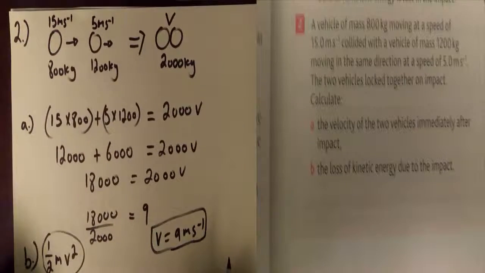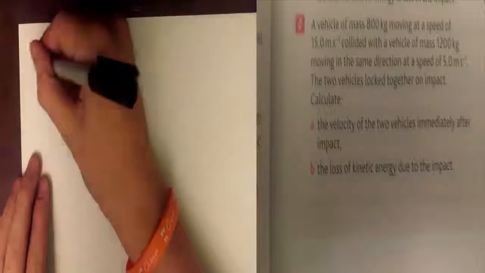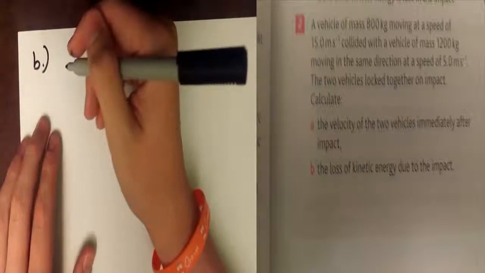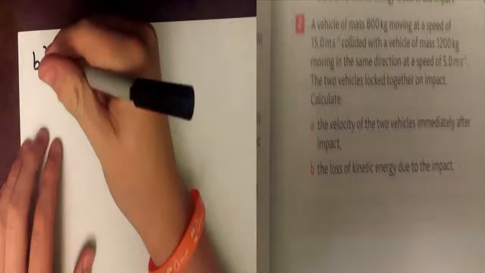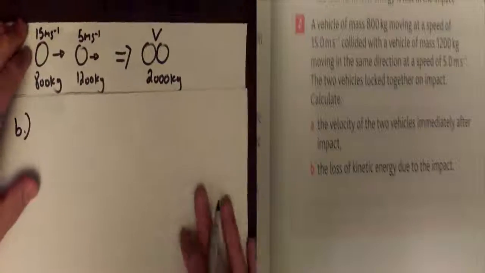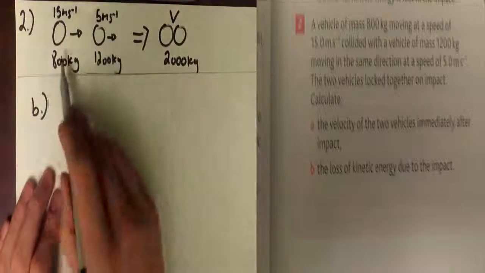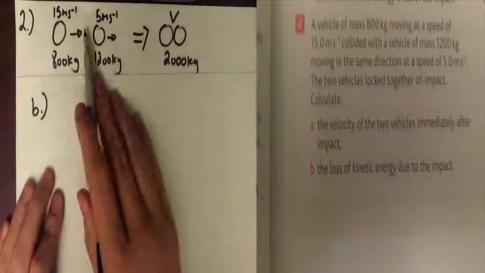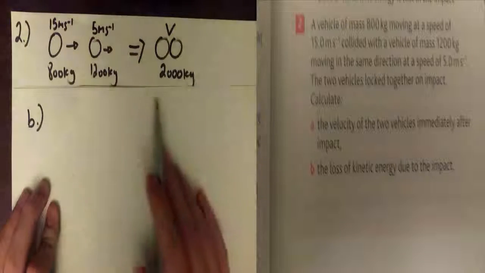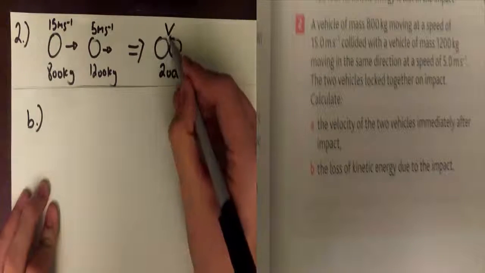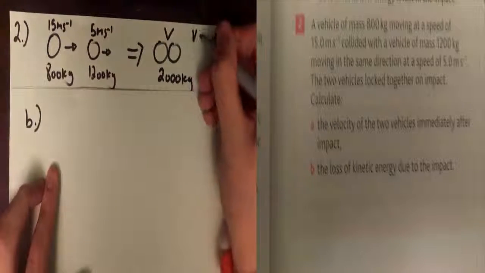I might get a new sheet of paper for this. So B, what we need to do is find the kinetic energy before, the total kinetic energy, and the total kinetic energy after. Now remember that we found V in the previous part, so V is 9.